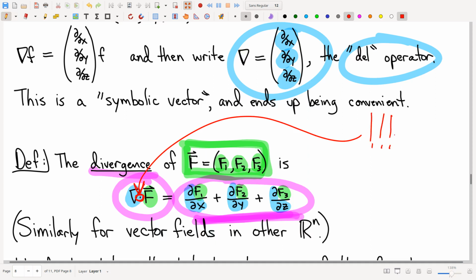If you just write del capital F vector, that's not a thing. So the dot is really, really important. And likewise for all dot products, you can't just write two vectors next to each other. You've got to put the dot in there. Keep in mind there are two different vector products. So if I see two vectors right next to each other, it's not clear which product you are talking about. Dot product, cross product? Could be either one.